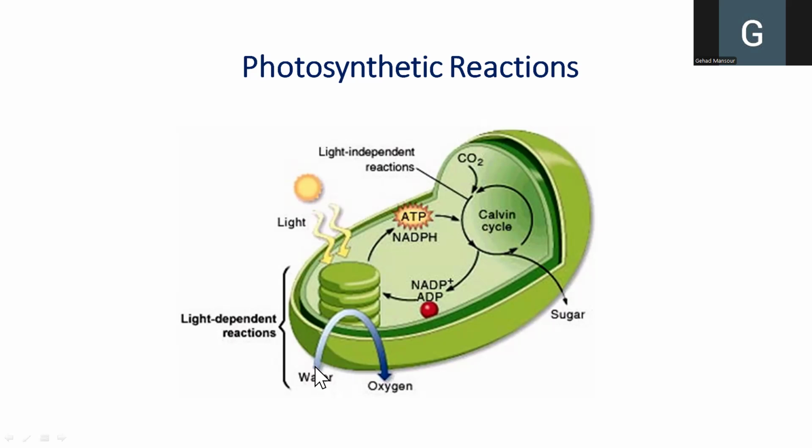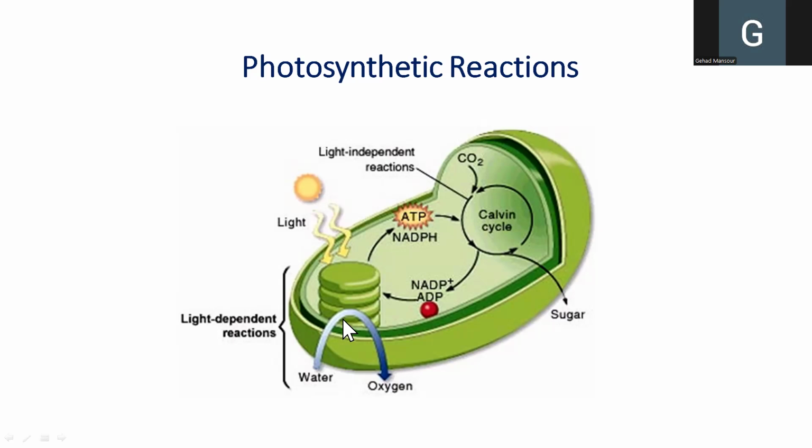So water will be broken down into H2 and O. And this O, the atom that is released from water, will be converted later on into molecular oxygen when two oxygen atoms from two water molecules unite together to form an oxygen molecule. So to summarize, we will be seeing this in detail later on. The oxygen that is released in photosynthesis comes from water.